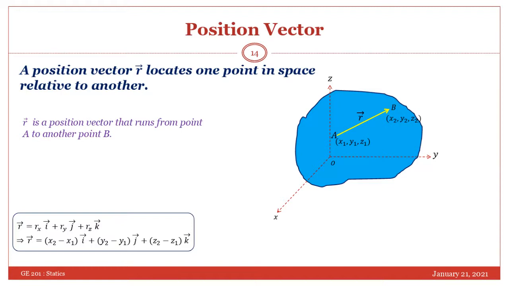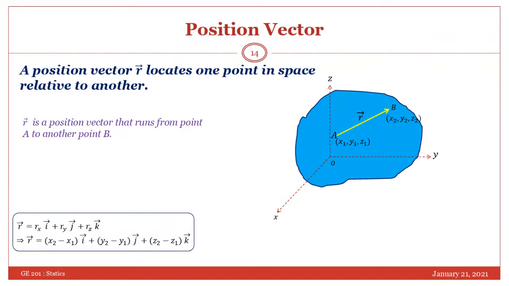And this is the last topic of this vector chapter, position vector. You see, many times in our real life, we have to refer to an object with reference to some other object. Okay?